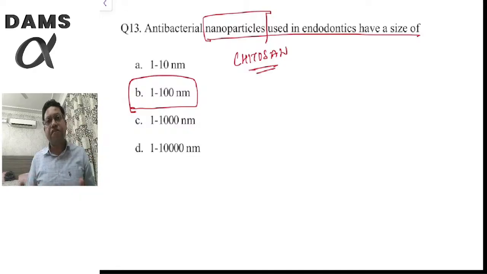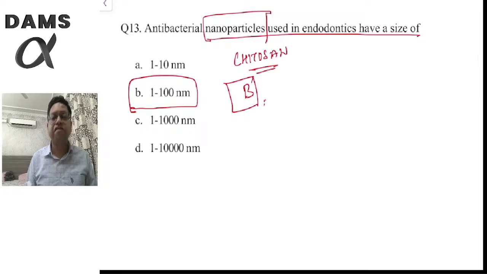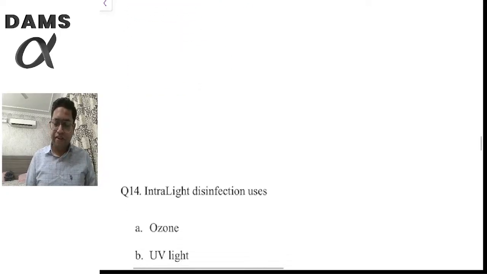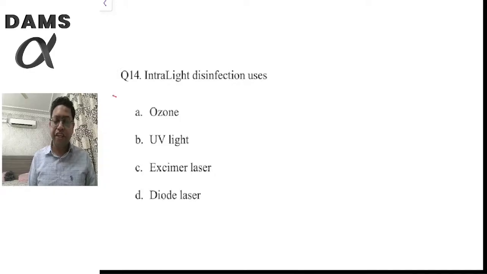Now, all the options are given in nanometers, so please do not get confused. This is something that you have to remember. So, what is the average size distribution of nanoparticles? It would be in the range of 1 nanometer to 100 nanometer. Option B would be the answer over here. There are certain things that you have to simply remember. Okay, this is one of those. Question number 14.